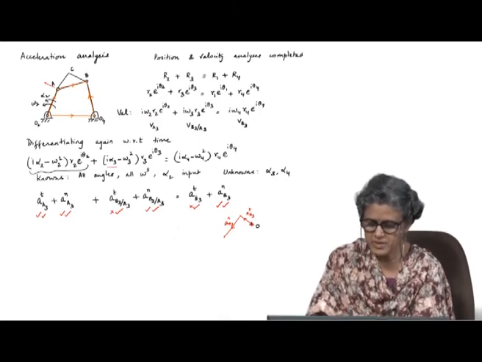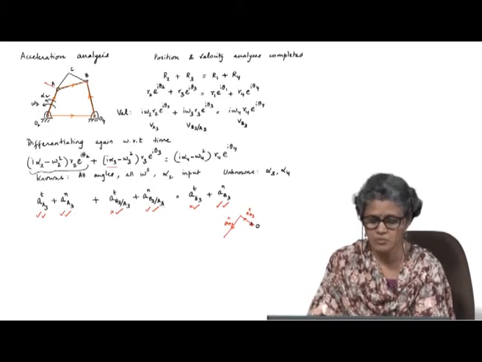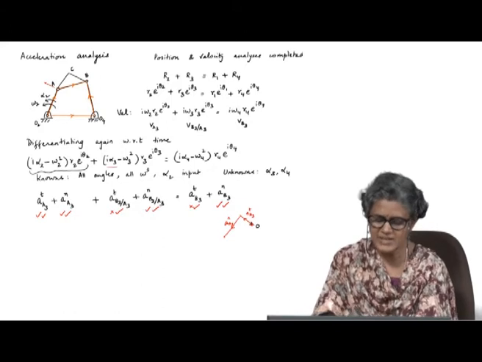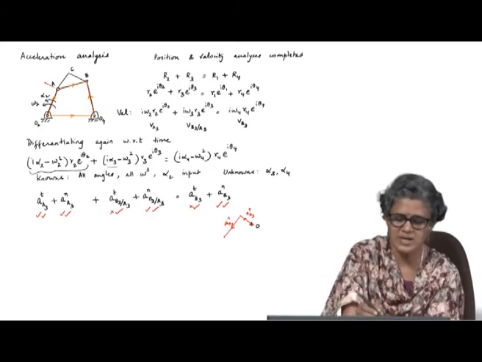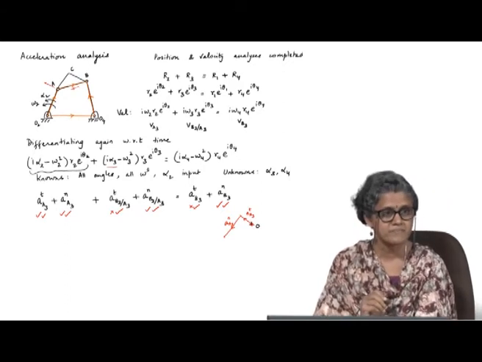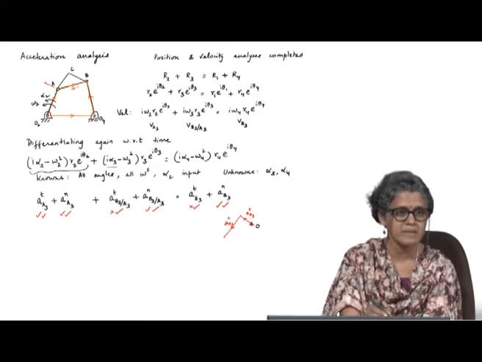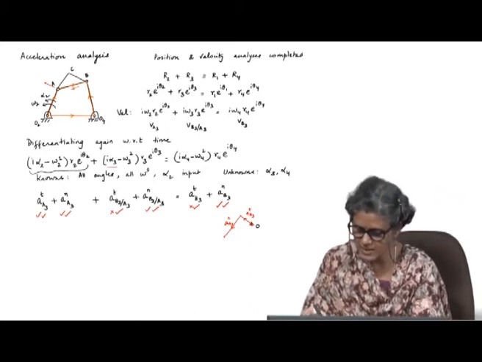Normal component of B3 relative to A on body 3. So, I can add these vectors in any order, right. So, this is known. So, that would be this vector in this direction, right, from B to A. This would be the normal component of that.